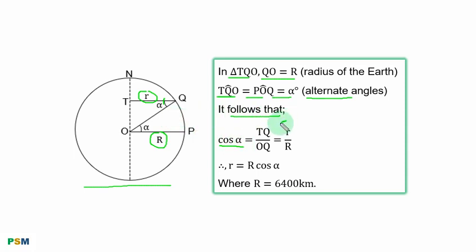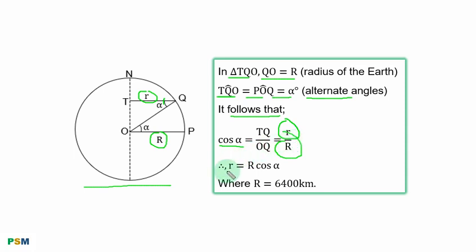TQ is the radius of the small circle, then OQ is the radius of the earth. We are interested in the radius of the small circle, the radius of a parallel of latitude, so we multiply through by the radius of the earth to clear the fraction.